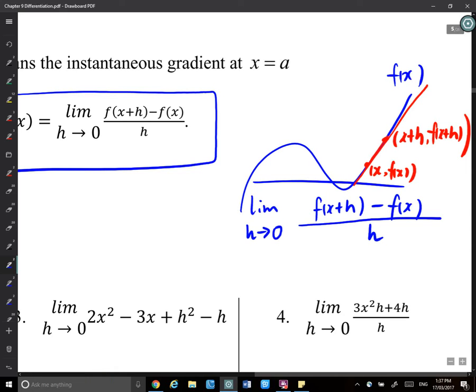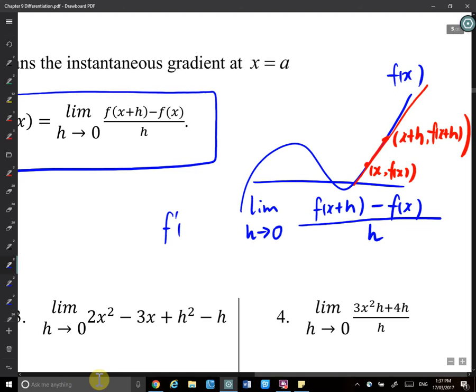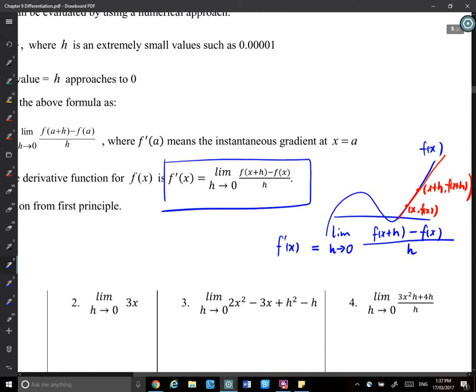You find what the gradient between the 2 points is as h approaches 0, and that value will be the true gradient, f dash x. So f dash x will equal that. I don't want to explain more on that. You just remember them.